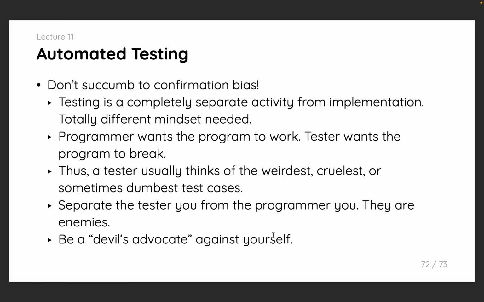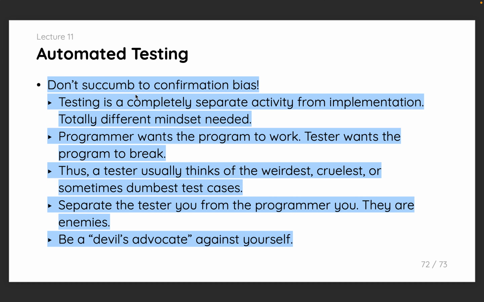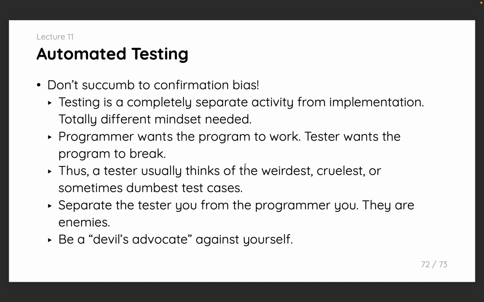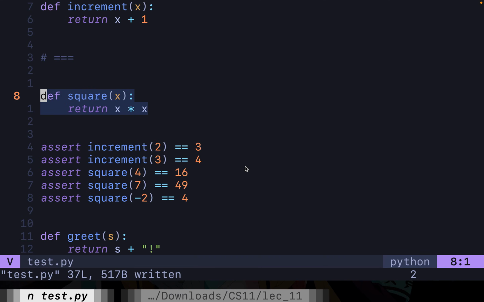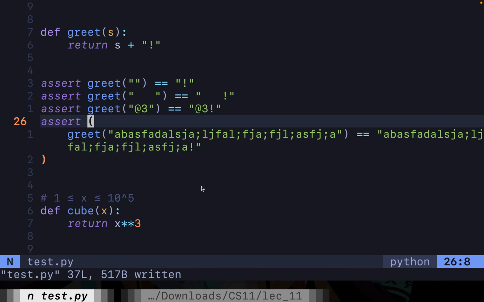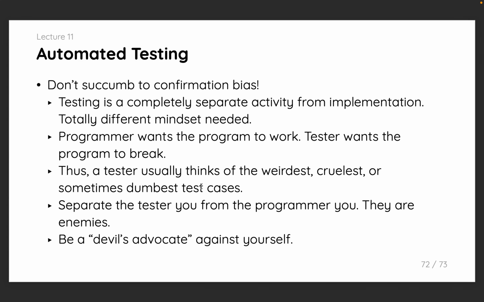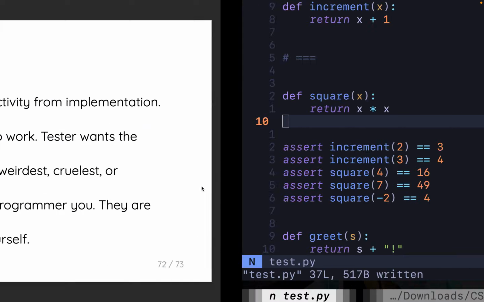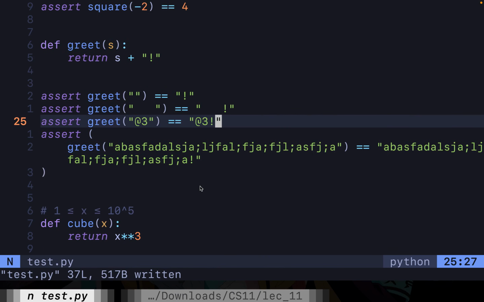So maybe in the review sessions for next week, I will go over concrete examples of how to do testing like this. But for now, for this lecture, this is pretty much all that we will go through. So again, let's try to recap. We went over input-output, exceptions and assertions.